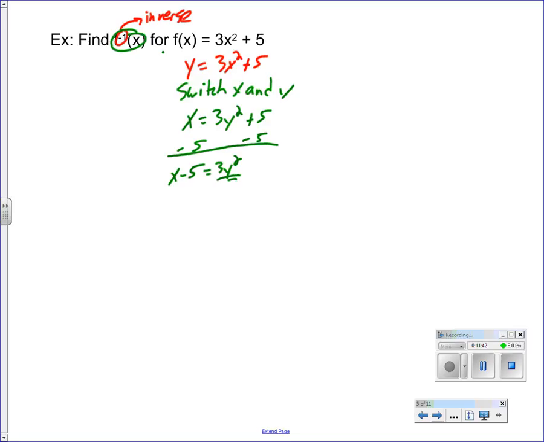I'm going to divide by 3. And last step, get rid of the square, I'll take the square root. So this would give me my inverse function.